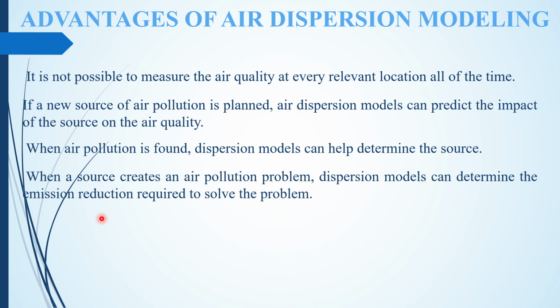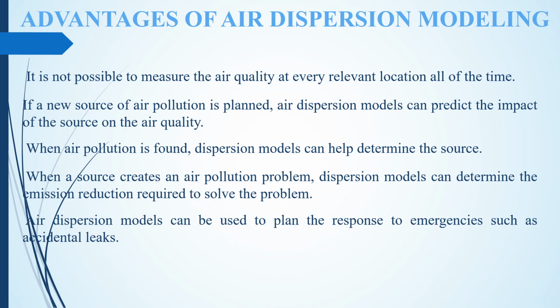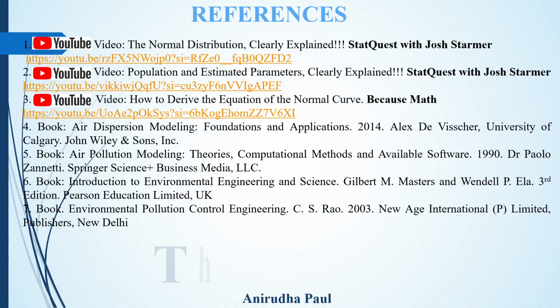When a source creates an air pollution problem, a dispersion model can determine the emission reduction required to solve the problem. Air dispersion models can be used to plan the response to emergencies such as accidental leaks.